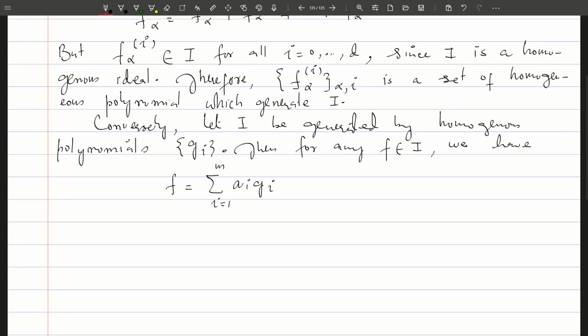Note that these gi's are homogeneous, but these ai's need not be homogeneous, where ai's are elements in the polynomial ring in n plus 1 variables. But gi is homogeneous. Thus, the homogeneous part of ai gi of degree d.